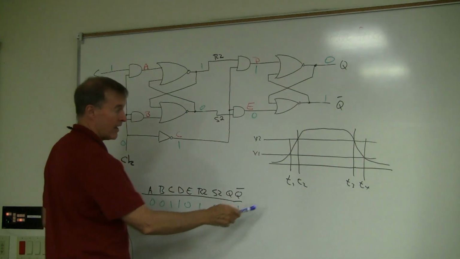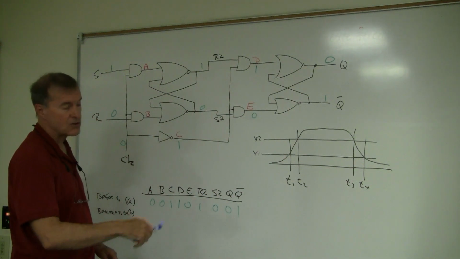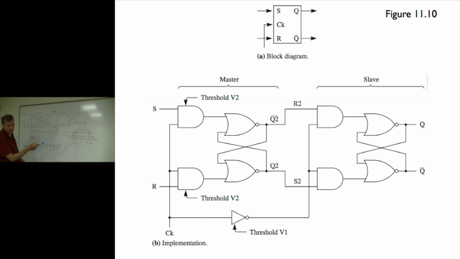So check this out. At T1, this V1 threshold hits. So looking at figure 11.10, we see that that's the threshold for which device? The AND gates to the master or the inverter? Which one is it? Is this threshold V1 that gets crossed at time T1 the threshold of those AND gates or is it the threshold of the inverter?